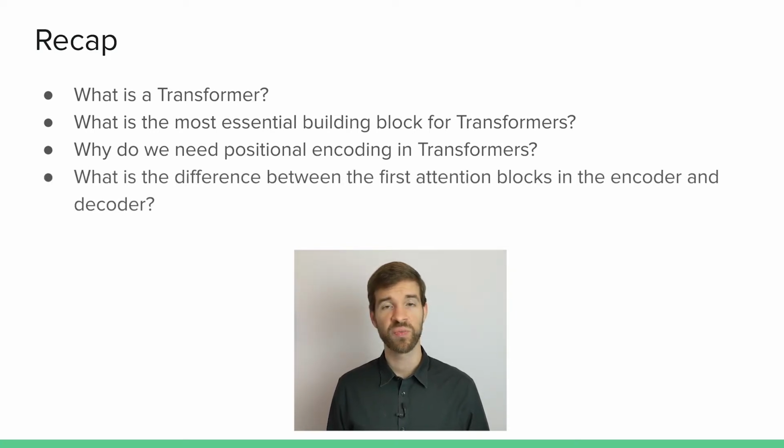What is the difference between the first attention block in the encoder and the first attention block in the decoder? Well, there are several differences, and I think the most important one is that the first attention block in the decoder is a so-called masked attention. And why is that a masked attention?